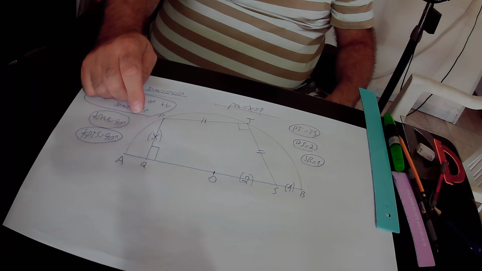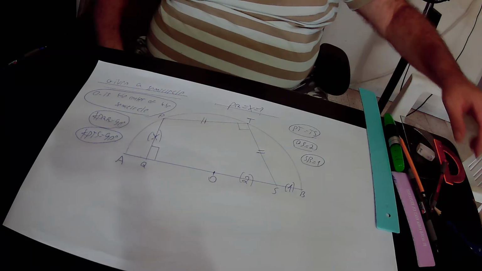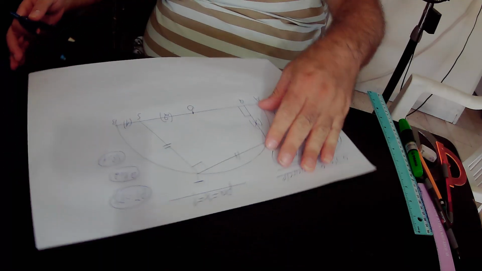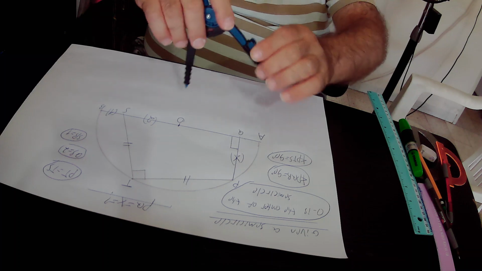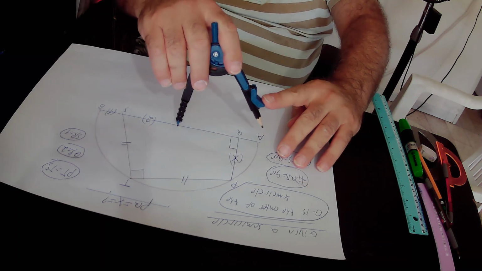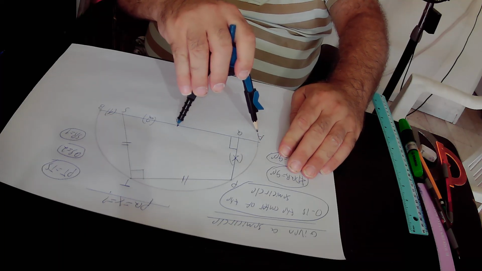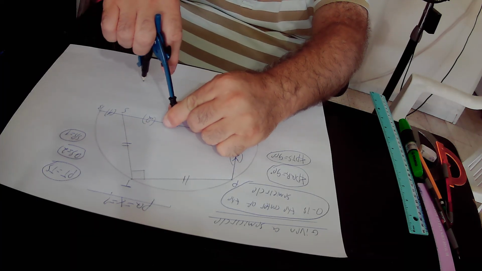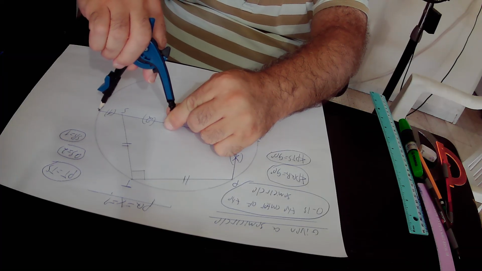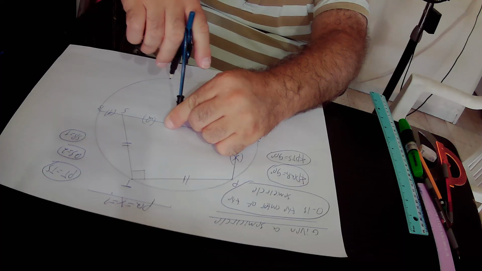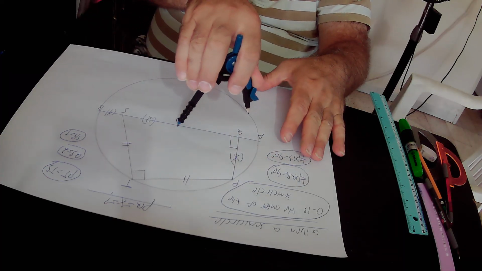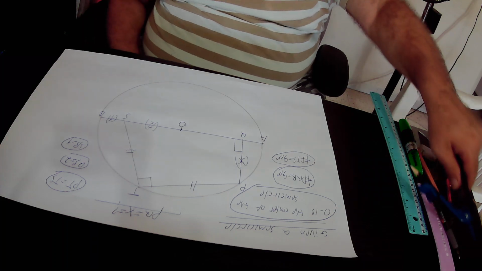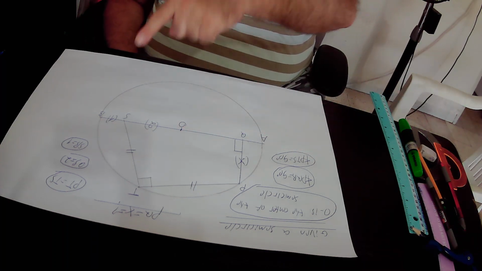So first of all, we will complete the semicircle to a circle, and we will extend OTS by a straight line until it touches the circle.